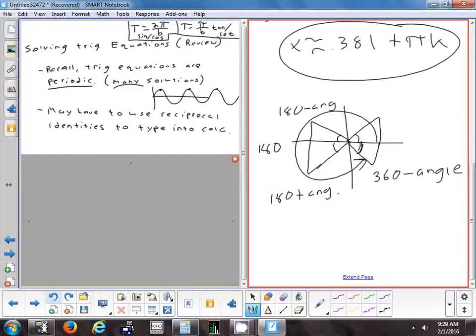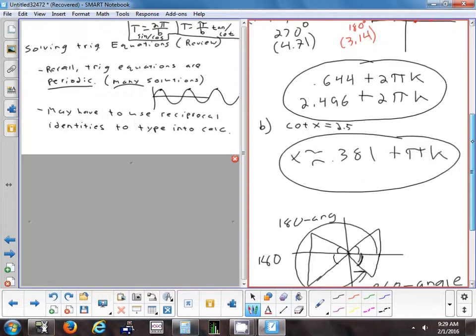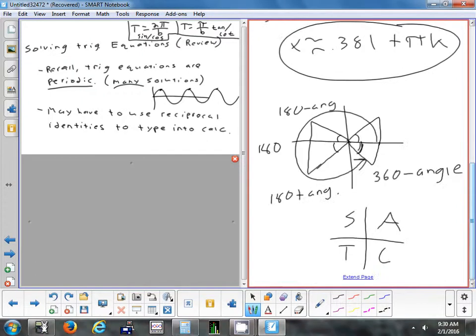So using that combined with this tells you where your trig functions are positive. This tells you how, once you have your reference angle, to get the angle in the quadrant that you want. This tells you the quadrant you want. What if I asked you, where is tangent positive? Just make sure we can read this.